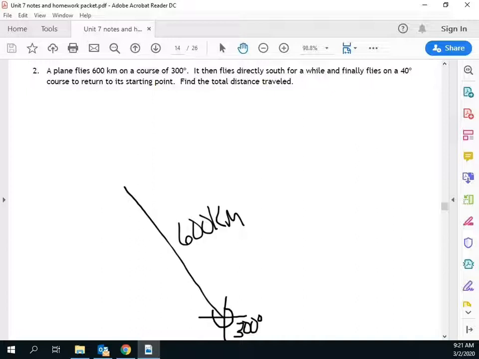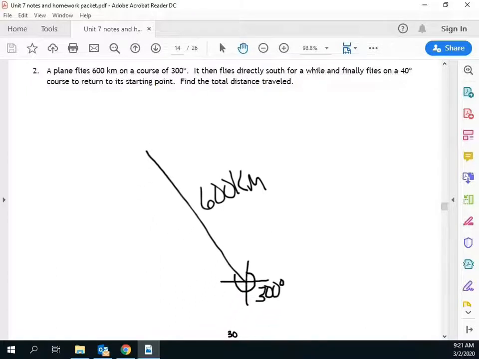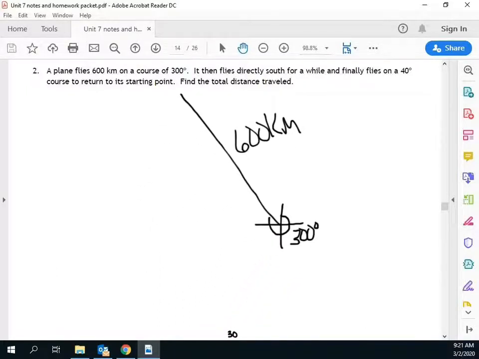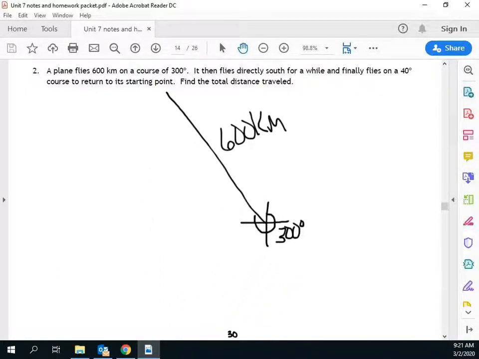I'll have to move this. Sorry guys, I know I can do this, y'all can't, I'm sorry. Because now if you look, he went down south for a while, and then changed course 40 degrees. Let's go back to where it started.